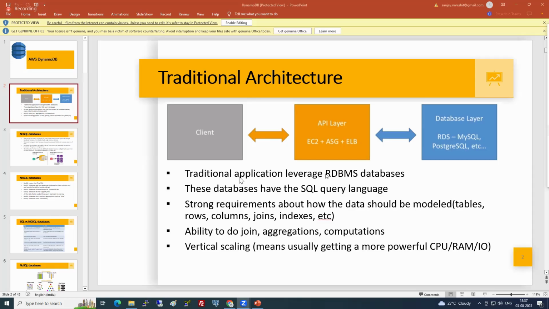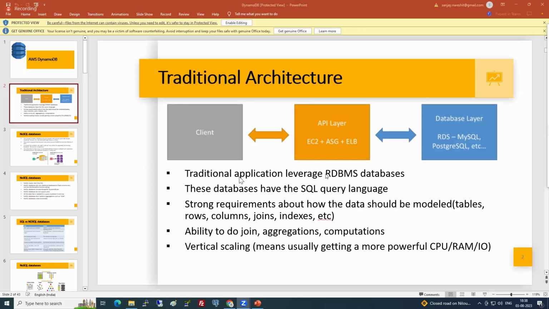Scale up means increasing the capacity, from T2 micro to T2 large, XL, 16 GB or 70 GB, 80 GB or 200 GB RAM. You'll keep on scaling up. But how long will you keep on scaling up? There will be a limit, no? Is it a costly affair or not? It's definitely costly work. And also you cannot keep on increasing the capacity. There will be one limit.